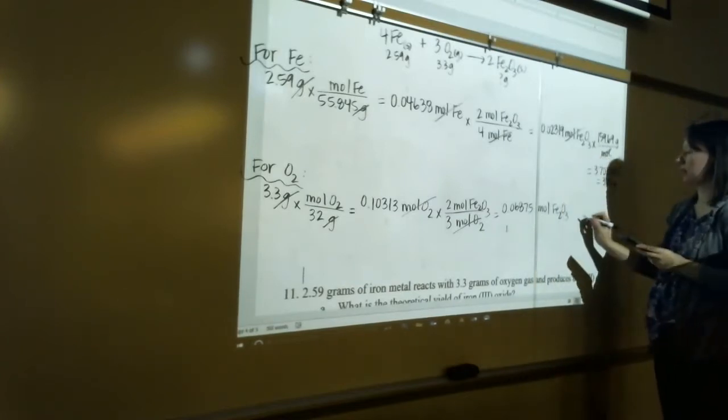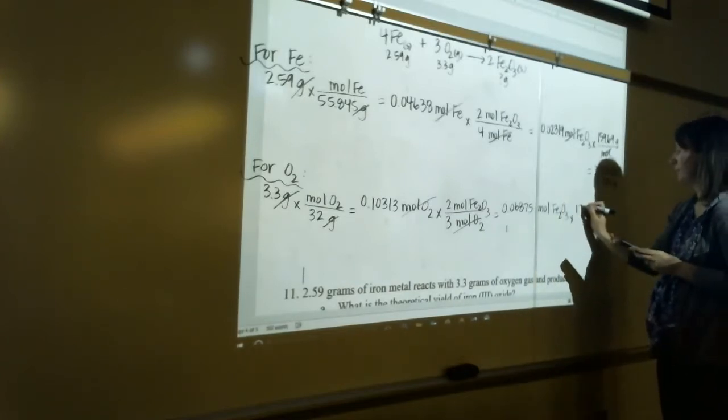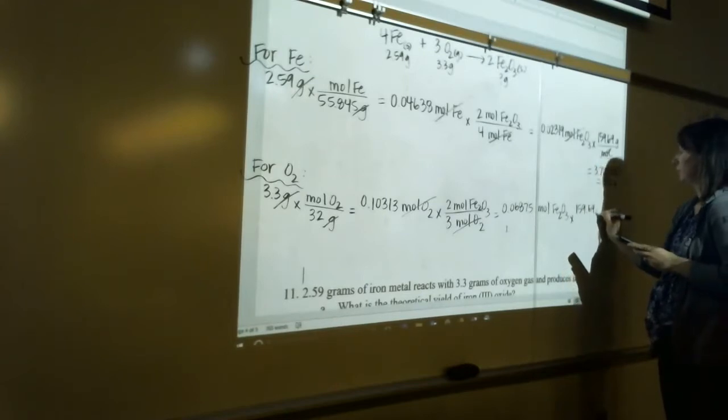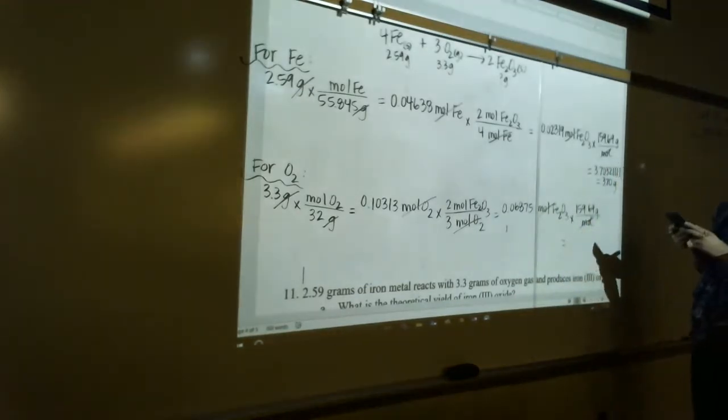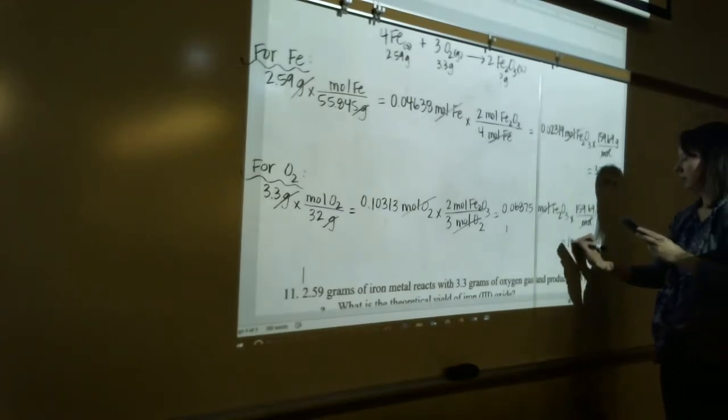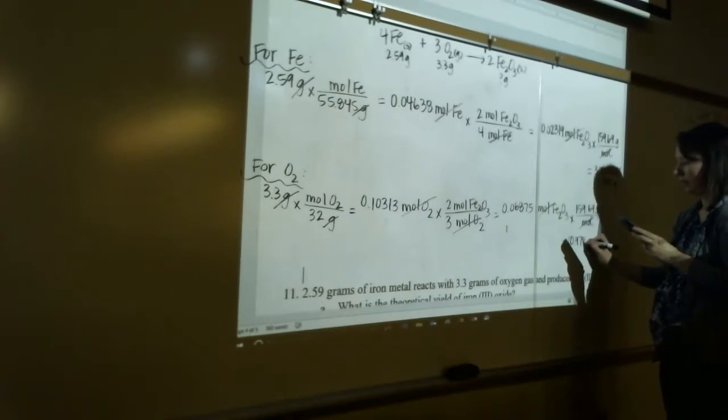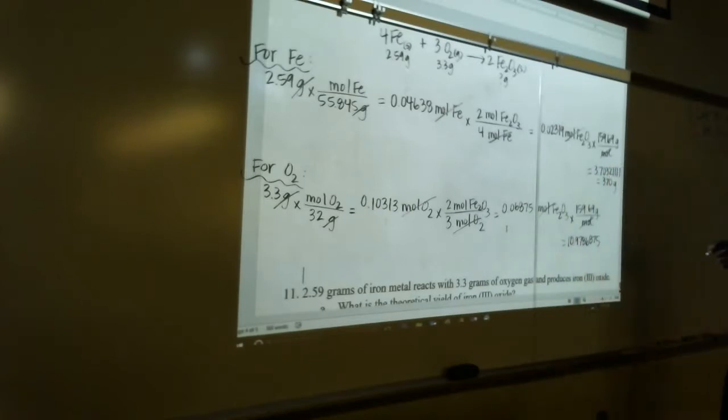I don't need to recalculate the molar mass because it's going to be the same. So when I do that, the calculator gives me times 159.69, 10.9786875. How many sig figs am I keeping here? 2. So what does that round to? 11. Units are grams.